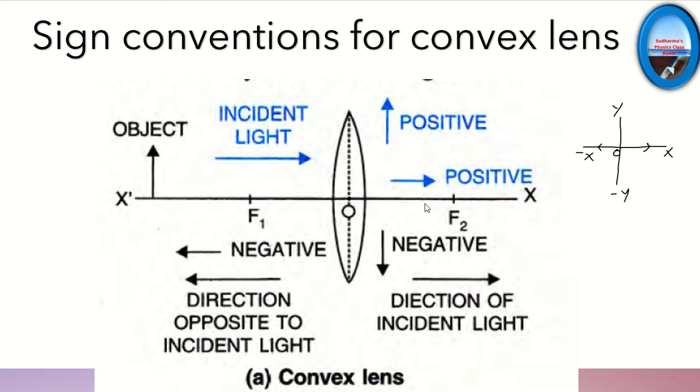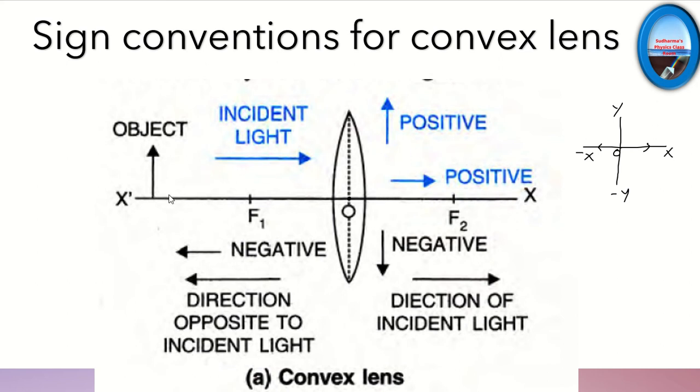If the measurement is taken below the principal axis, then that distance has to be taken as negative. Once again, all the distances measured towards the right side from the optical center have to be given a positive sign, and all the measurements done towards the left side of the lens have to be taken as negative.